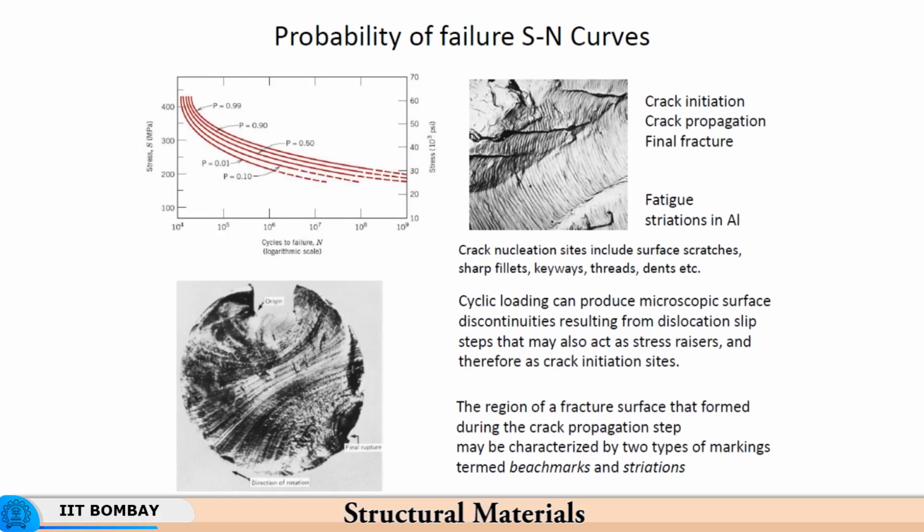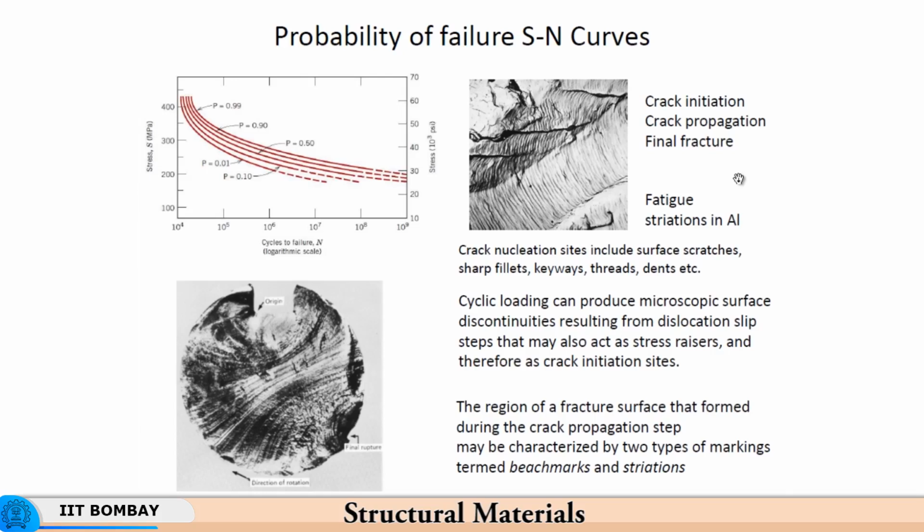So that is why, instead of determining a number of curves based on probability, one uses a curve of say 50% probability and then applies a factor of safety, so that you are sure that failure is not going to take place once you have used a stress value corresponding to infinite fatigue life, right.